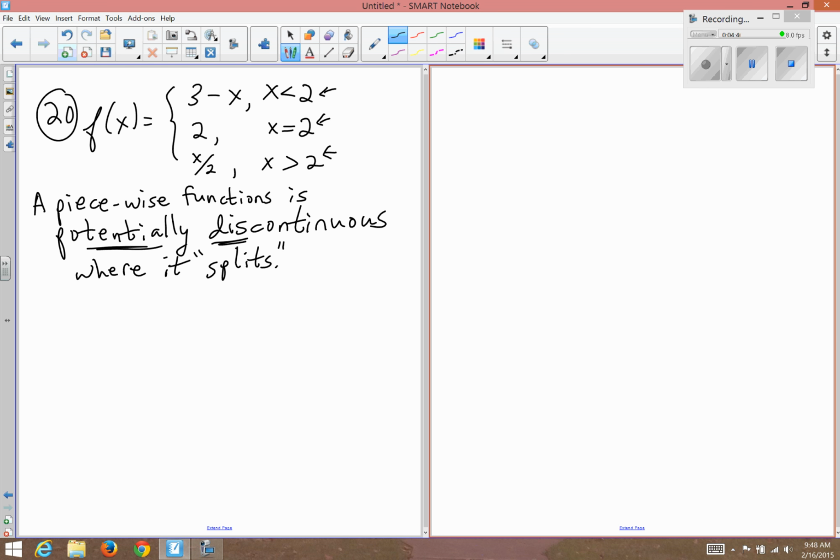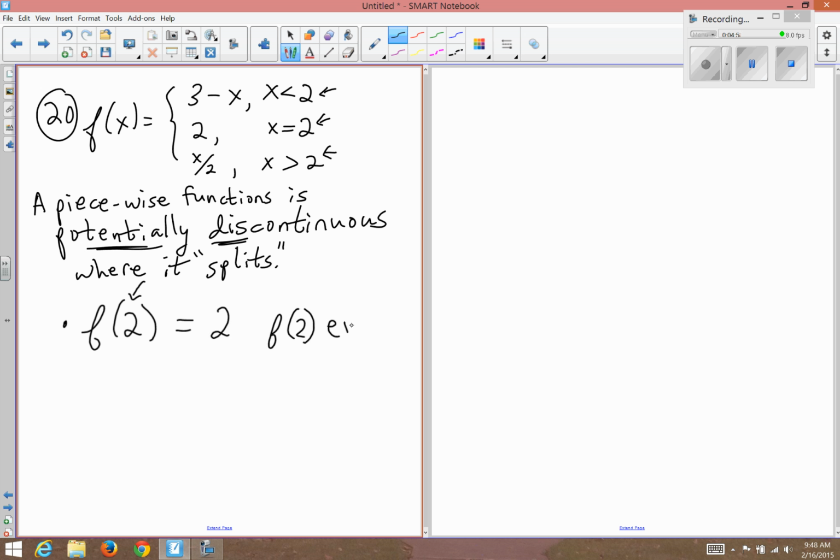So going through the bullets for continuity. Does f of 2 exist? According to the definition of the function, when x is 2, f of 2 is 2. In other words, f of 2 does exist, because it's 2.